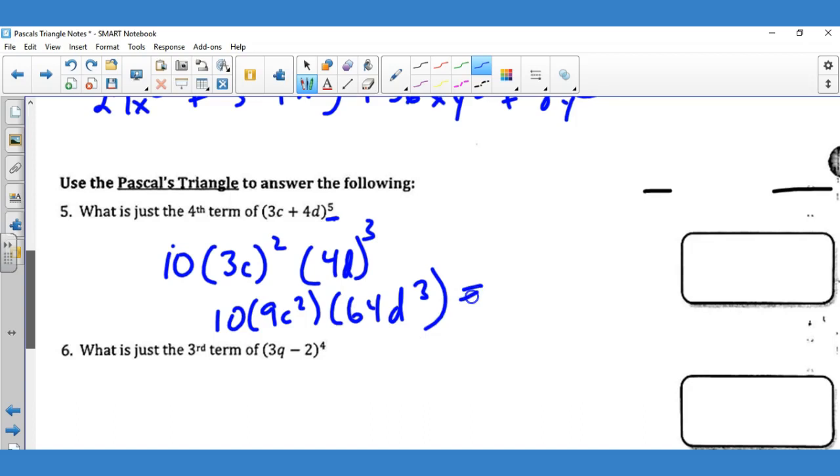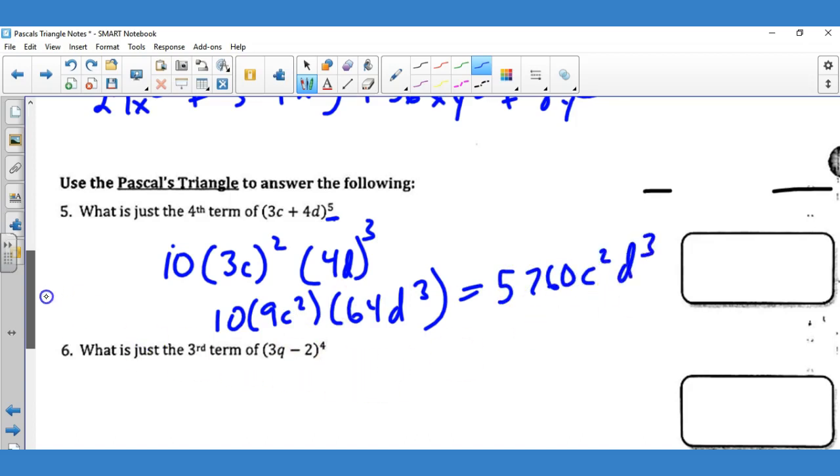And then we will just simplify that, all right, to get, let's see, 10 times 9 is 90, times 64 is going to be 5,760, and then c squared d cubed.